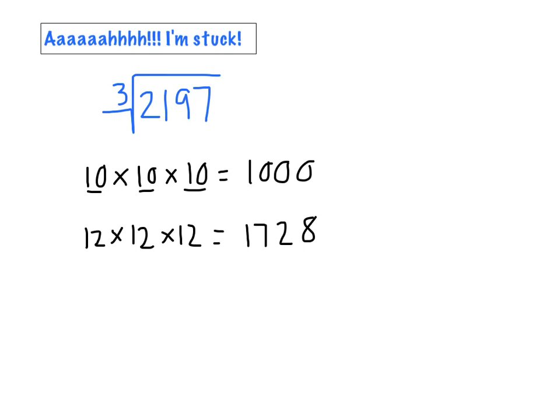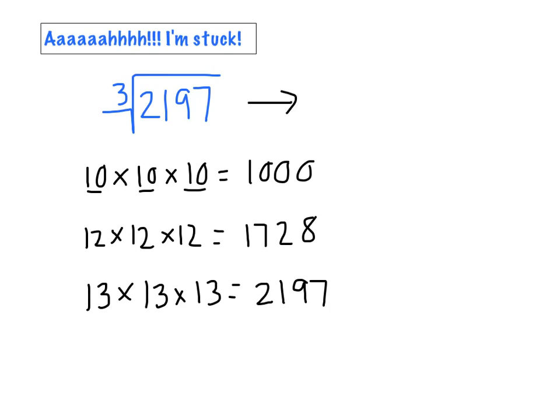So you might go and find that 13 times 13 times 13 is 2,197. So you can always use that testing method to find the cube root if you're not comfortable using the prime factorization. So your answer here would be 13, and you use that with that guess and test method, and that's perfectly okay to use.